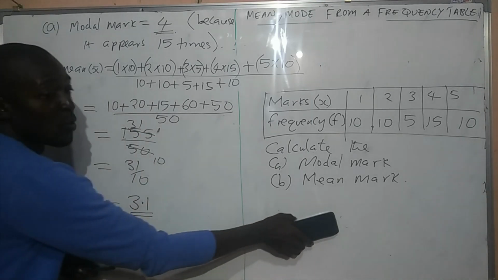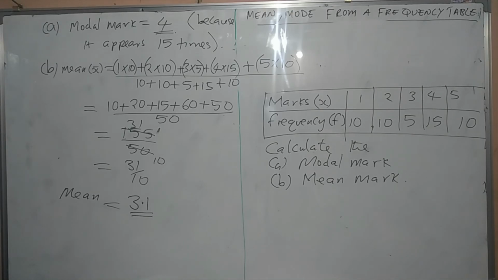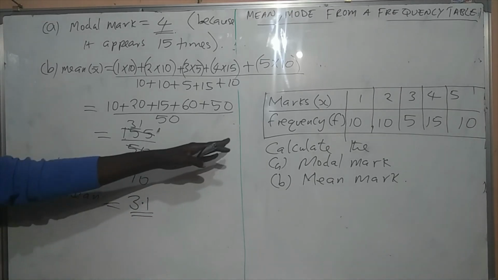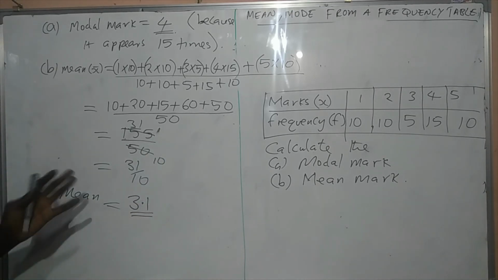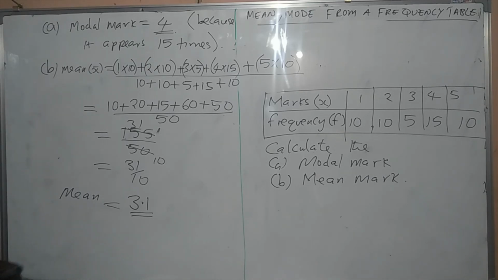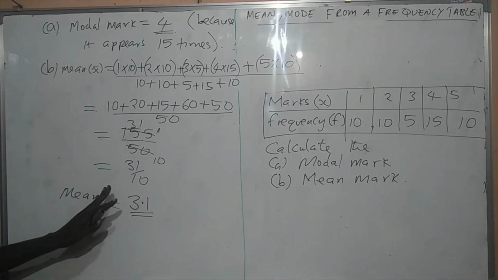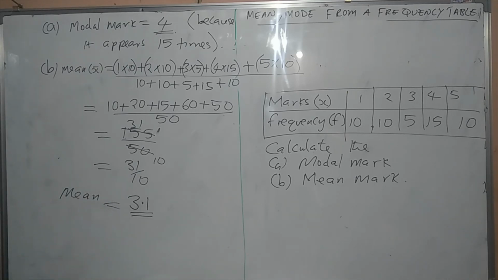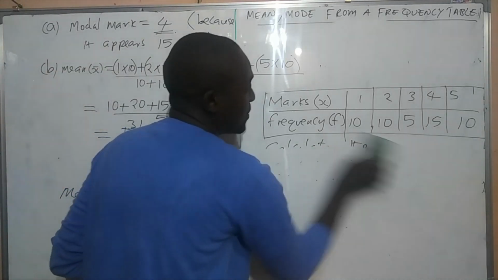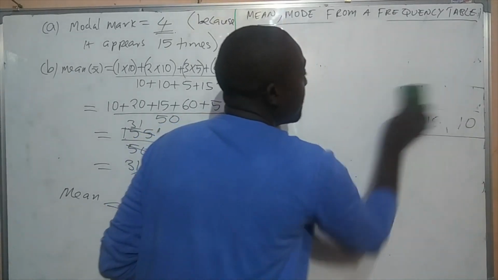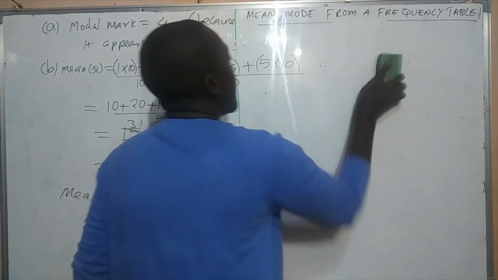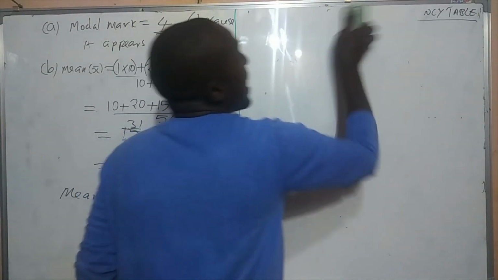Now let's go to our last question. We go to our last question now on frequency tables, a different kind of frequency table. So this is how you find the mean when you are given a frequency table. So let's go to our last question now, when you are given a different type of table.